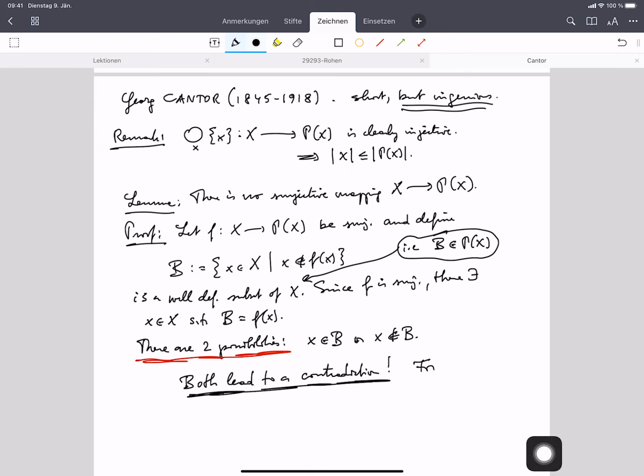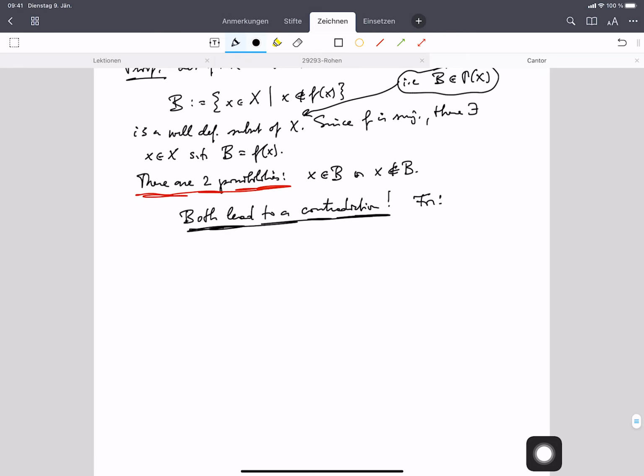For assume the first possibility: x in B. But B is equal to f(x). Hence x is in f(x).